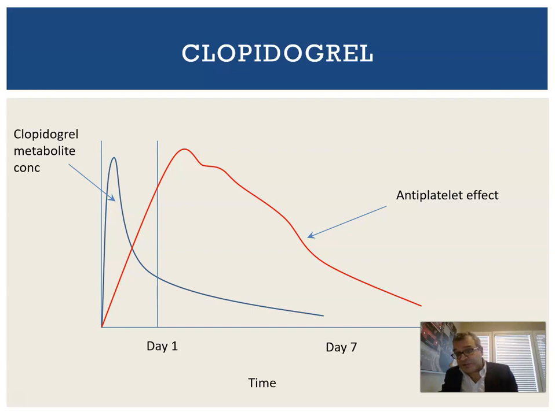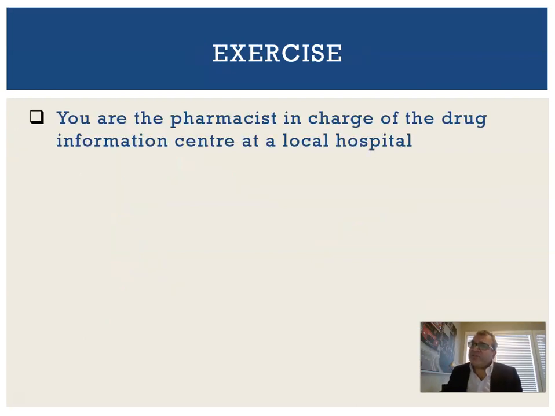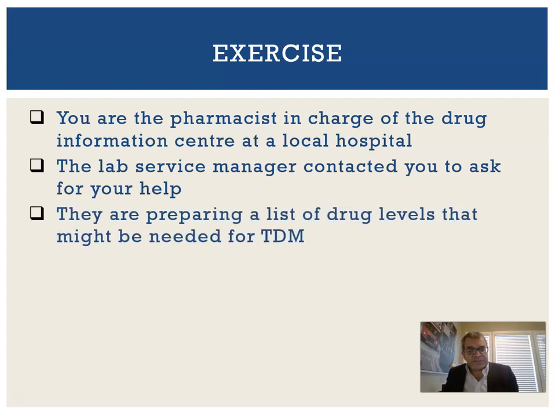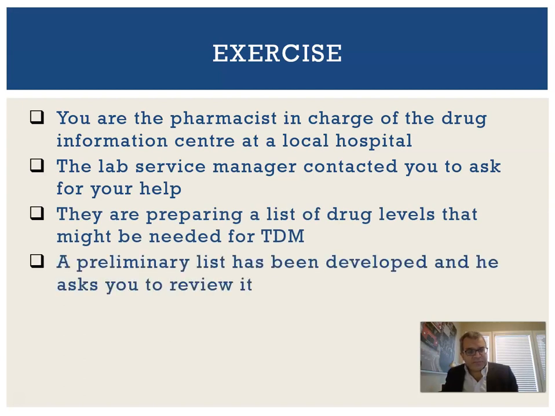So let's go back to the exercise that I just mentioned earlier in the lecture. You are the pharmacist in charge of drug information centers, right? And the lab manager wanted to ask you if therapeutic drug monitoring is needed for those drugs, right?